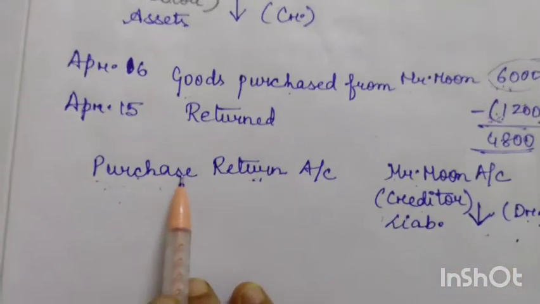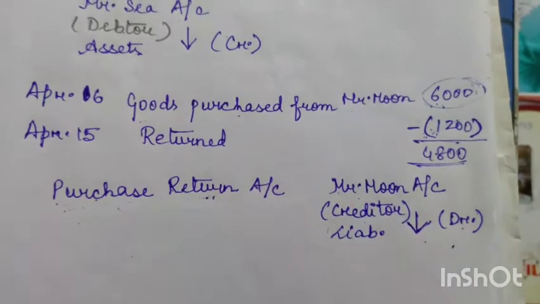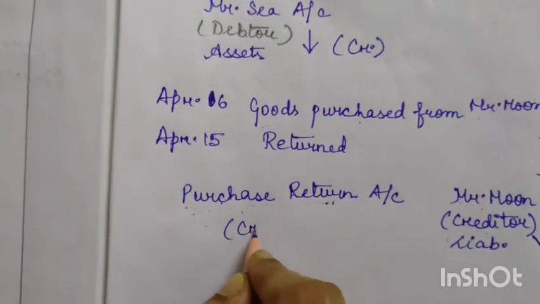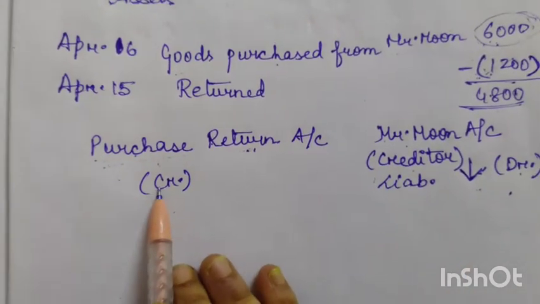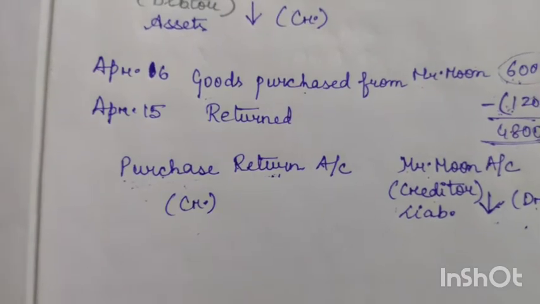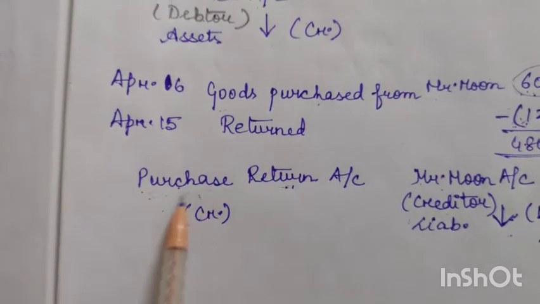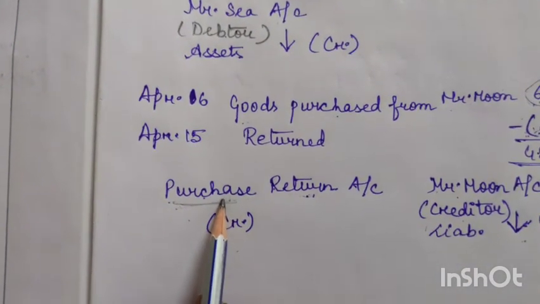Okay. Now if one account is debited, then obviously the other account will be credited. So this is one logic. Clear? If one account is debited, then obviously the other account will be credited. Another logic is purchase is an expense, right? If we talk about purchase, it is an expense.